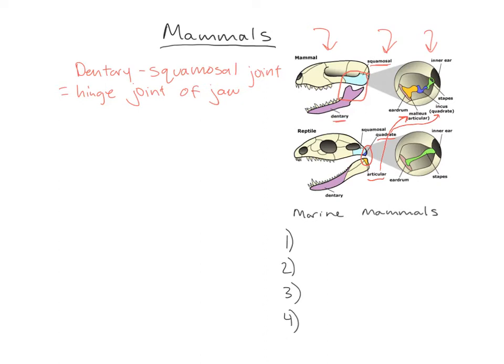So a mammal not only has the dentary squamosal joint, but it has 3 ossicles or inner ear bones, whereas reptiles only have 1. Structurally, there are lots of other differences as well, but this is one that evolutionarily and in fossils, paleontologists and people studying evolution will look at as the definitive feature of mammals and reptiles.